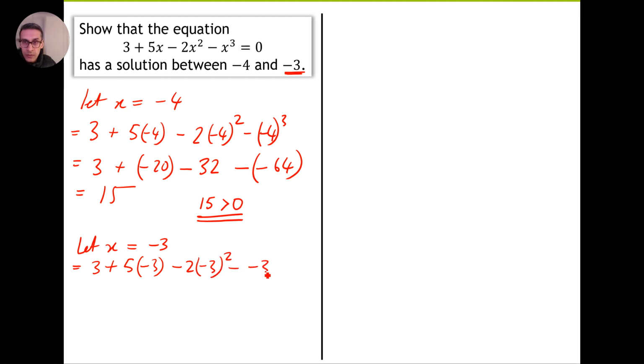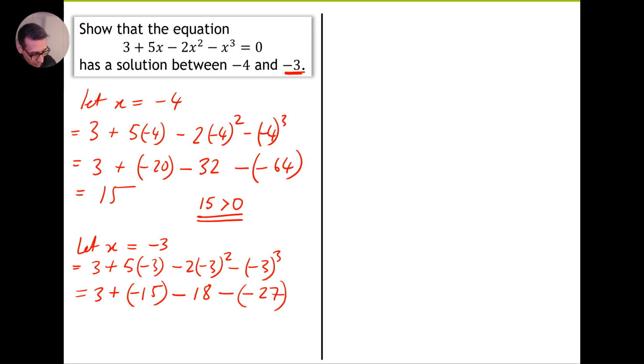Take away -3 cubed. So that's going to be 3 plus -15, take away, so -3 squared is 9, 9 times 2 is 18, positive 18, and then take away -3 cubed will be -27. So that becomes 18 plus 27.